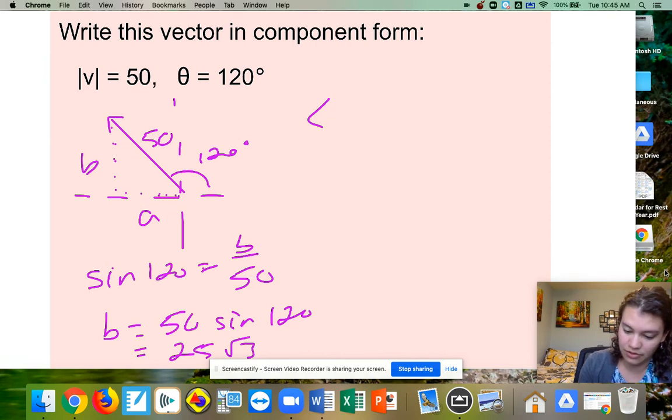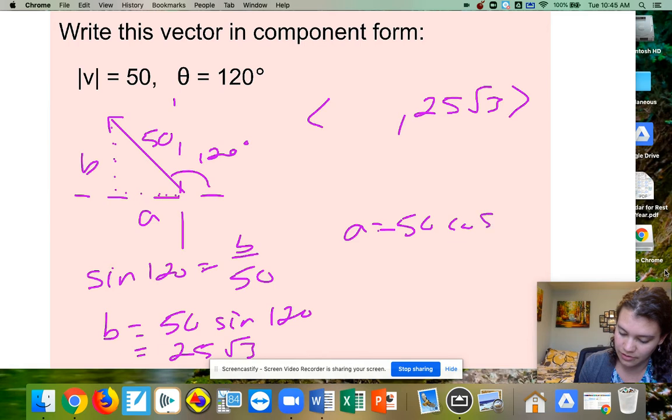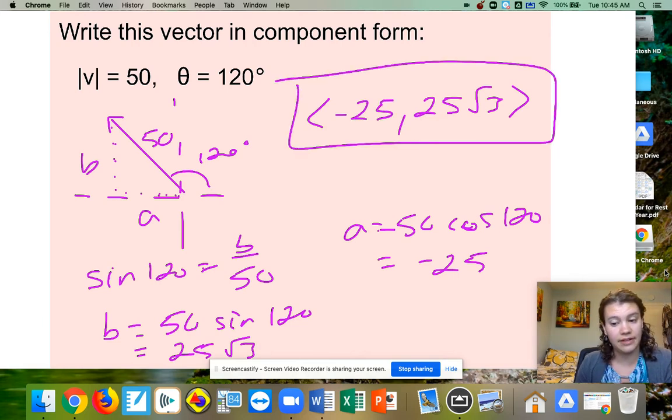So that would go in the y portion of our vector. And you can do the same thing for a. You're going to end up getting that a equals 50 cosine of 120, which then is -25. So just using basic right triangle trig, you can figure out your component vector.